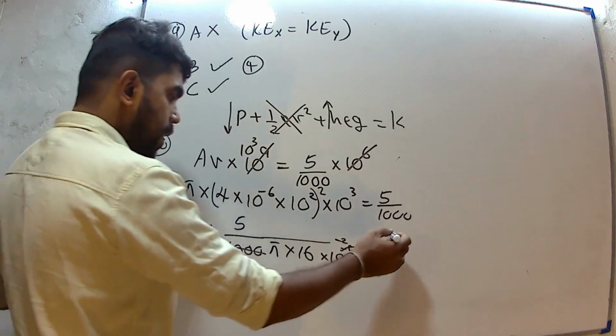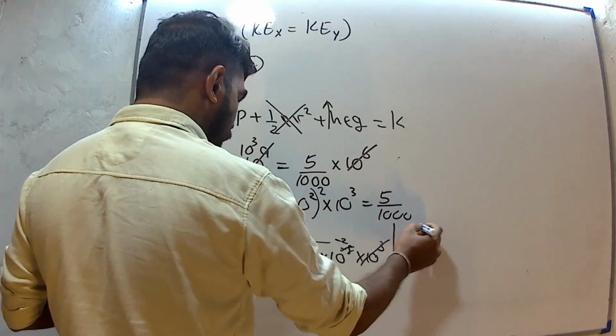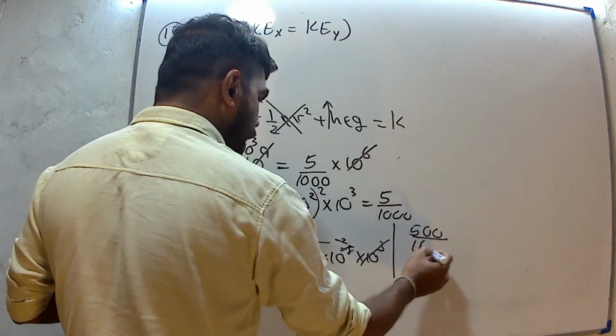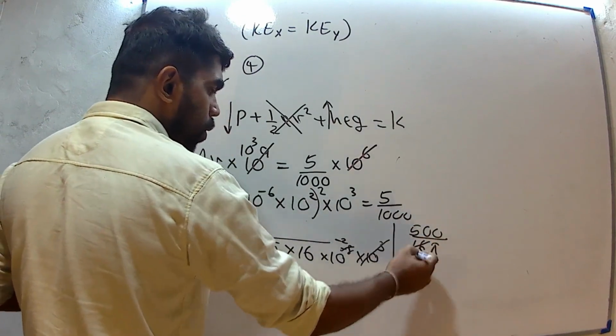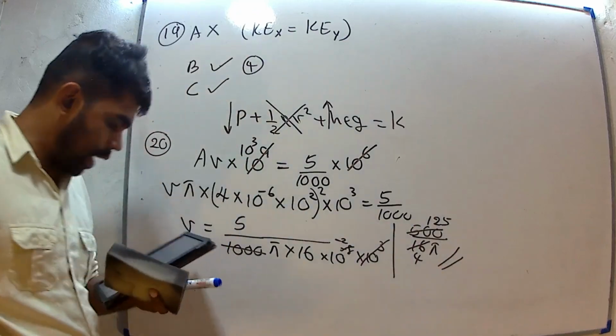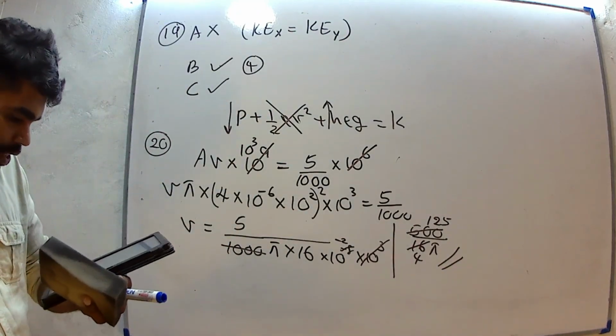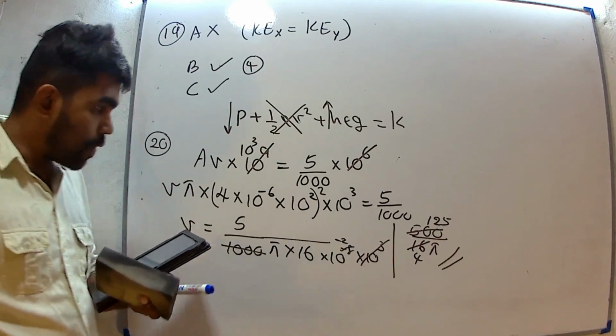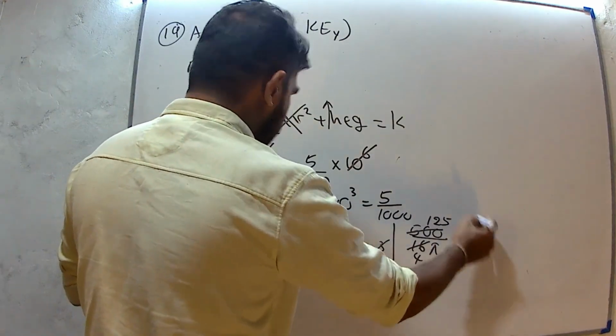We can get 500 divided by 16. Divide by 4, divide by 4, 125. Then 125 divided by 4, 5 is the answer. This one is correct for question number 20.